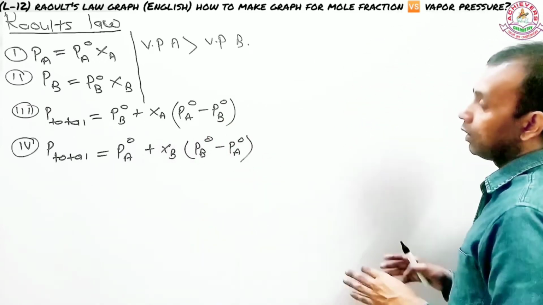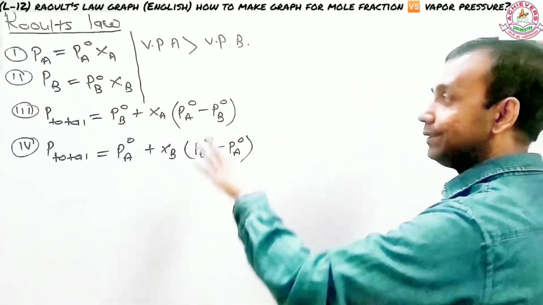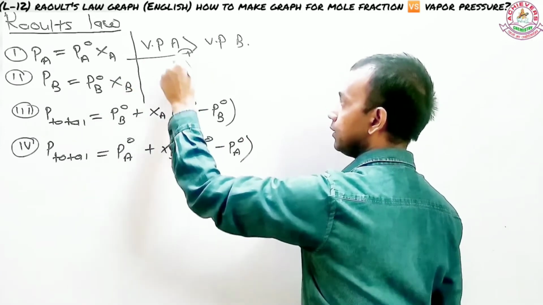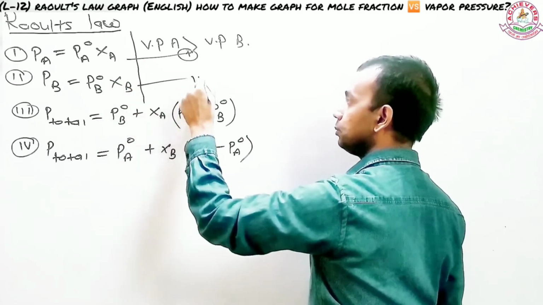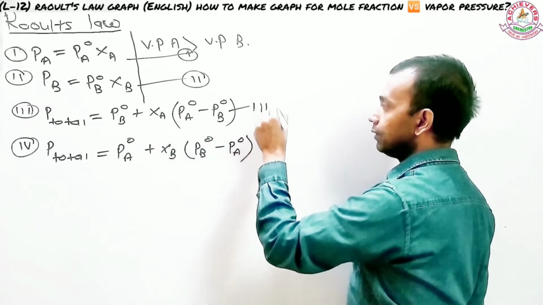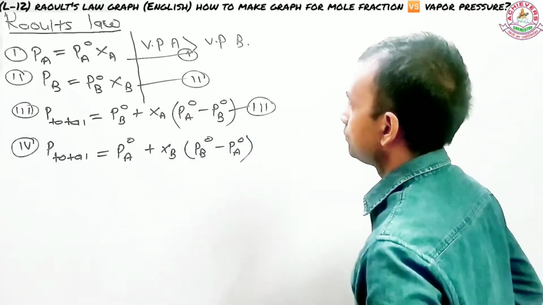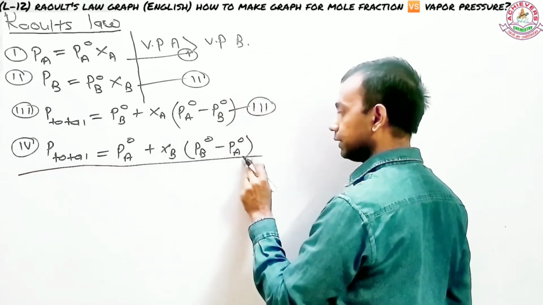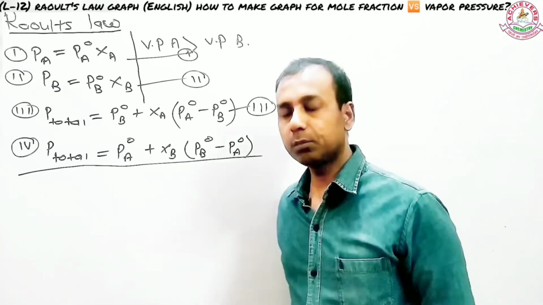Okay, so now we are up to drawing the graph for these equations, right? I'll be using this very first one. The second will be used here, and for the third, you can use either of them, so I will be using this one. Now for drawing the graph, you need to take a little bit from mathematics.